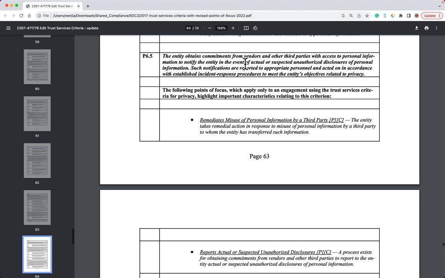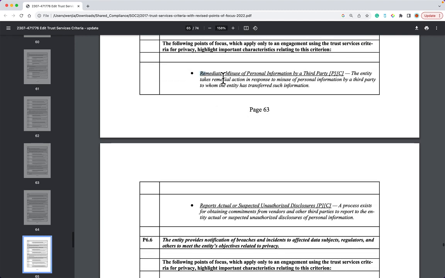So this principle is about when there is some attack or unauthorized disclosure, you have to have a report, you have to have a record, and you have to have some response system. How are you going to deal with it? You need to be prepared.